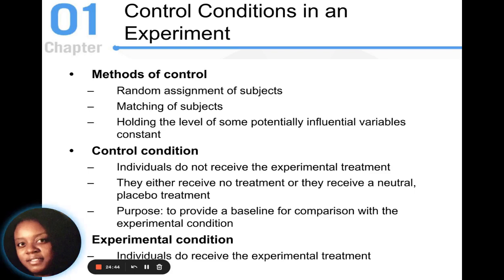The whole purpose of a control group is to provide a comparison group for the experimental group. So I can say I gave my experimental group something that worked, whereas I didn't give my control group anything, and it didn't help them. They didn't get better. An experimental condition occurs when the individuals who receive the experimental treatment are exposed to the experimental condition.